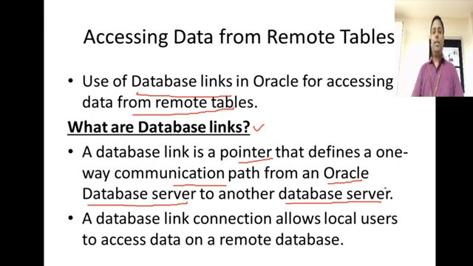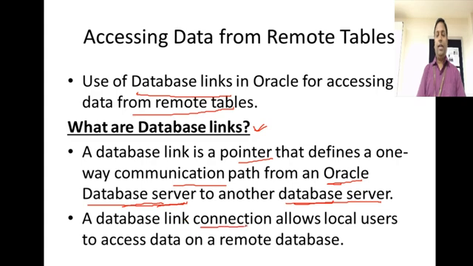So how can I access it? I can use a database link, and what the database link allows me to do is, from an Oracle database server, access another Oracle database server or a MySQL server or a SQL Server database. So you can access any kind of database server from here. That's what this means: an Oracle database server to any other database server.